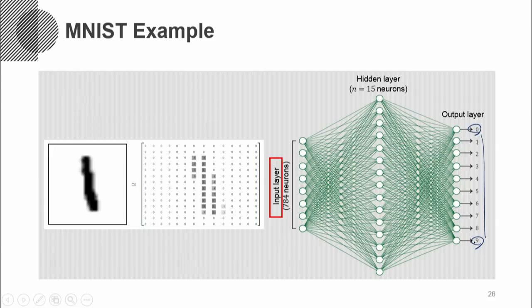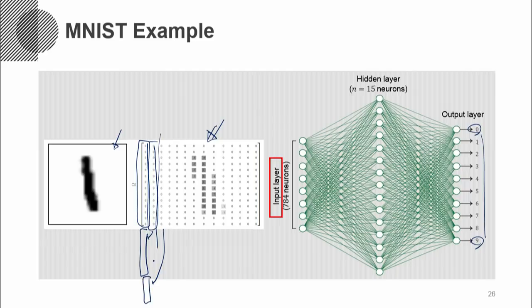In the input layer, we will take this two-dimensional matrix representation of the image, but we can make it a single vector by cutting these matrices vertically and then concatenating them.